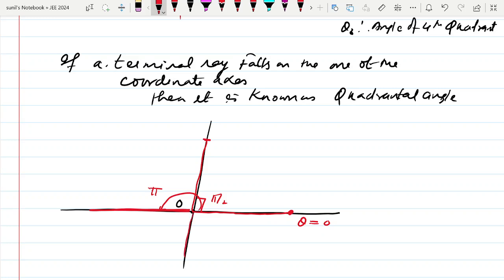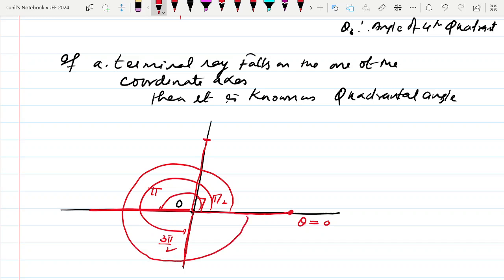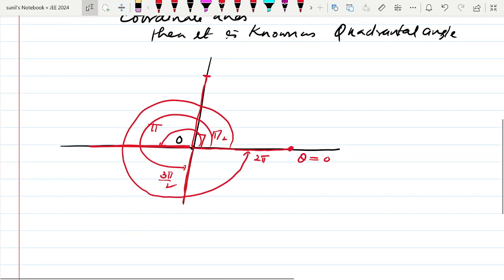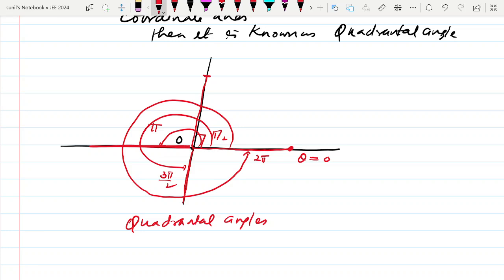If it falls on the negative y-axis, then this angle is 3 pi by 2. If the terminal ray takes one complete rotation, then this angle is 2 pi. So can we say that quadrantal angles are nothing but integral multiples of pi by 2.